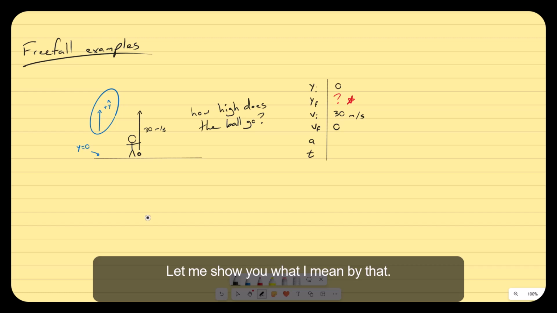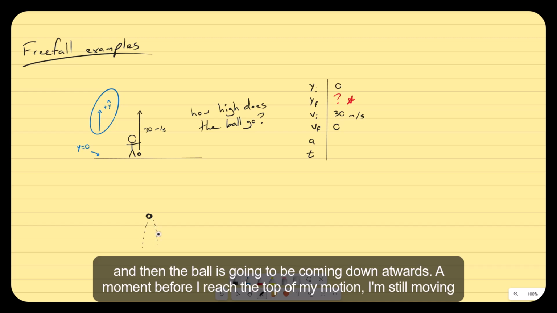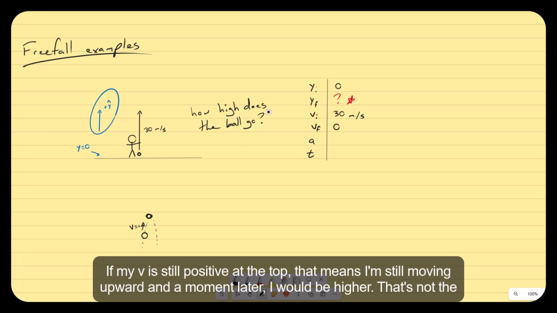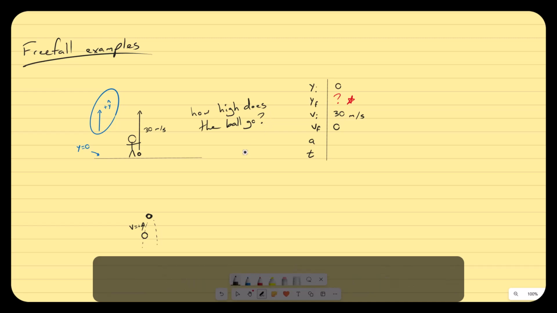Let me show you what I mean by that. If this is at the top of the motion, so a ball is going up, and then the ball is going to be coming down afterwards. A moment before I reach the top of my motion, I am still moving up, and my V is still a positive number. If my V is still positive at the top, that means I'm still moving upward, and a moment later I would be higher. That's not the top yet then.